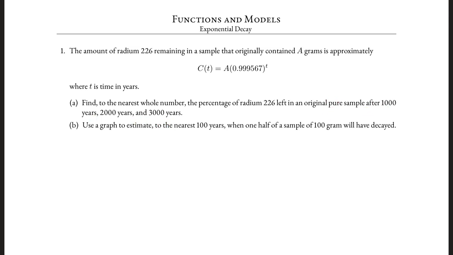years, 3,000 years. Now, in the given formula, we do not have A. We don't know what A is, but A is the initial amount. Since the question is asking us for the percentage, we can assume that we start out with 100%. Or let's just say we start with 100 grams to see what happens.